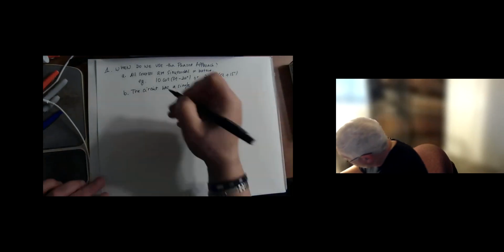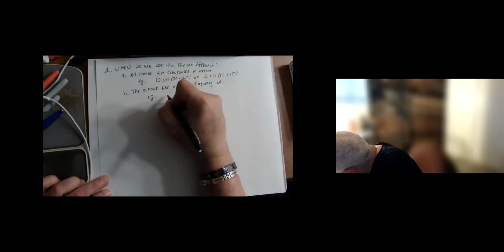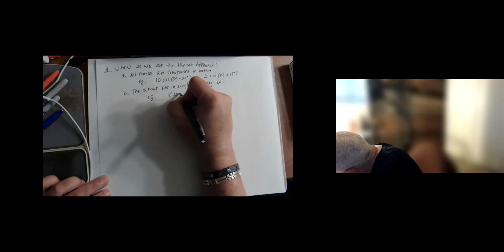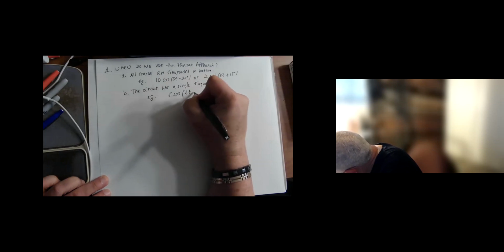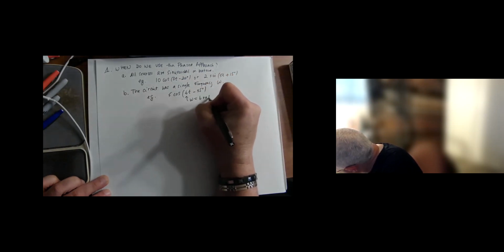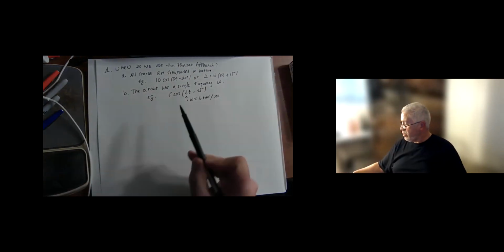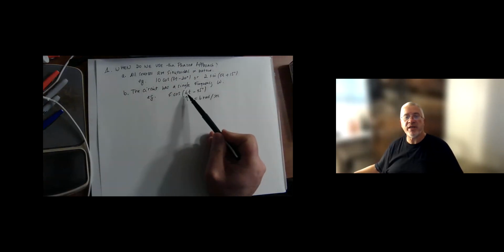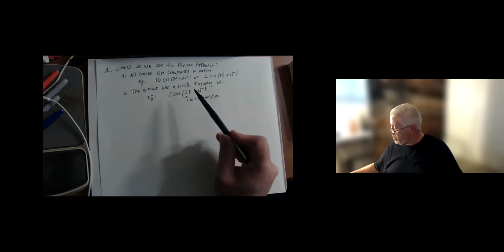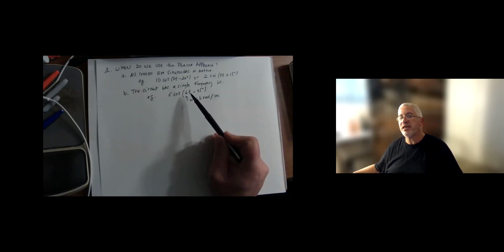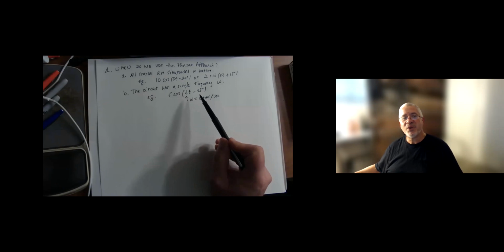So, for example, omega here is 6 radians per second. So the circuit has one single frequency. So you can have multiple sources, but they all need to have the same frequency in order for you to use the phasor method.